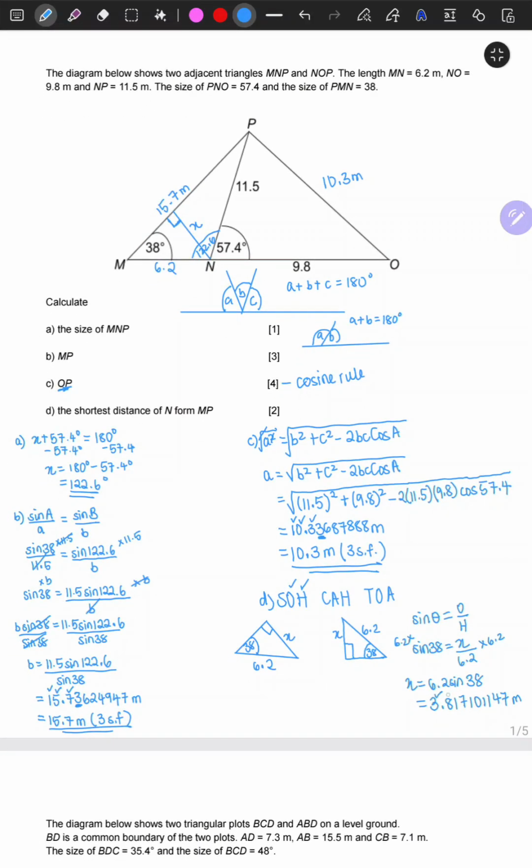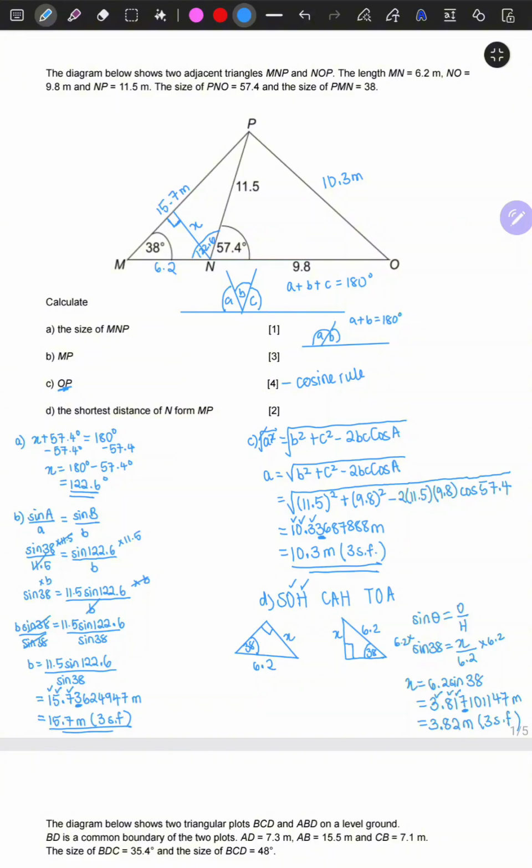There's 1, there's 2, there's 3. So we check the number here and we can see that it's 7, so it's 5 or greater. That means that it's going to round up the 1 to 2, so we're going to have 3.82 meters to 3 significant figures.